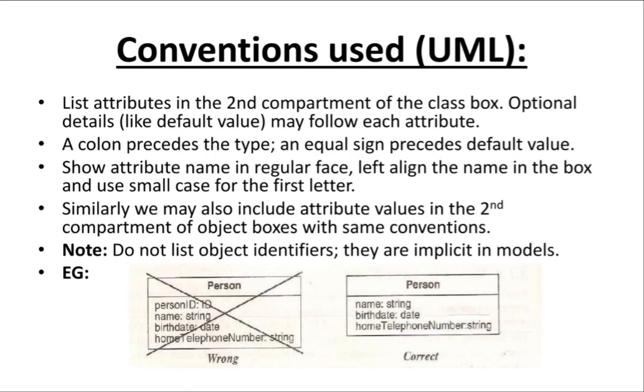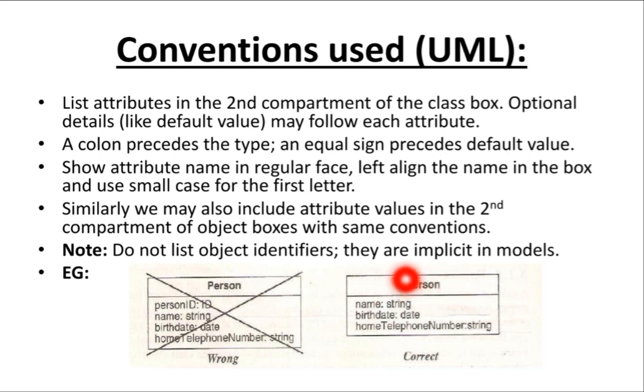And one more very important thing you have to know here is, do not list object identifiers. For example, what is the difference between these two diagrams? First, I will take the correct representation. It tells that you do not include identifiers, like IDs.